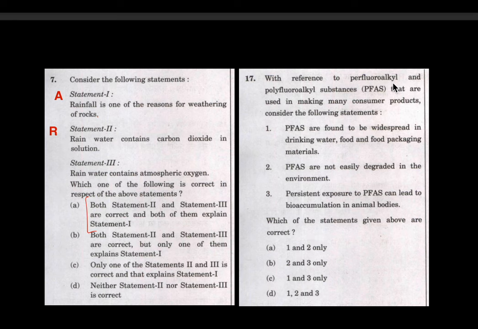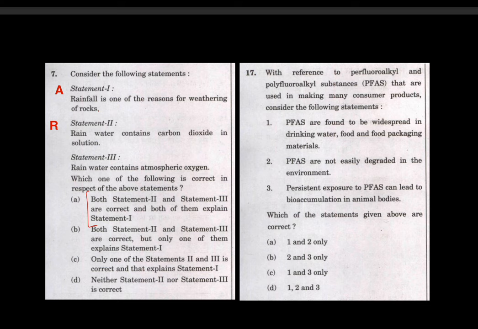Next is with reference to fluoroalkyl and polyfluoroalkyl substances, PFAS, that are used in making consumer products. Consider the following statements. PFAS are found to be widespread in drinking water, food and food packaging materials. Water, food, these are things which we consume on a daily basis, so it is pretty important.